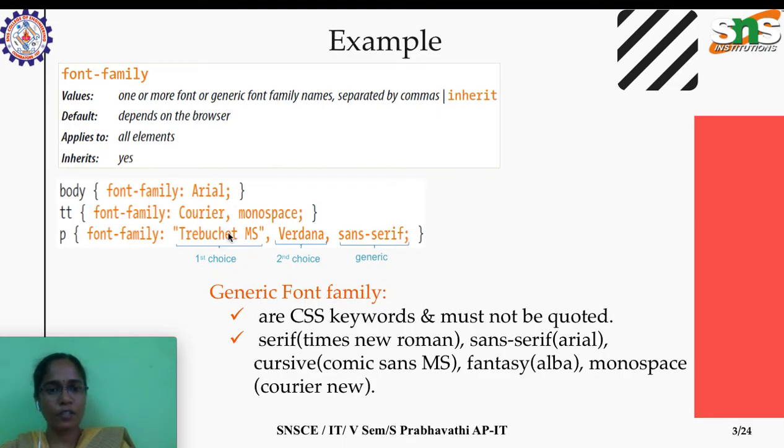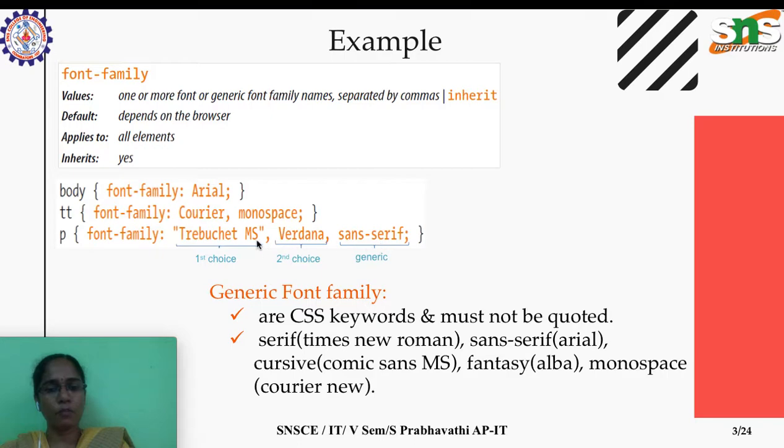If the font we have mentioned is Trebuchet MS, I think I have pronounced it rightly, and the browser supports this font, then this font gets displayed. If our browser doesn't support it, or the browser has no font of this style, it will take the second choice, then the third choice, likewise it goes on.